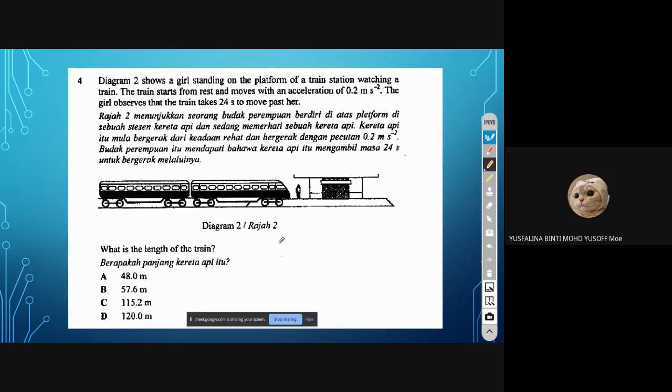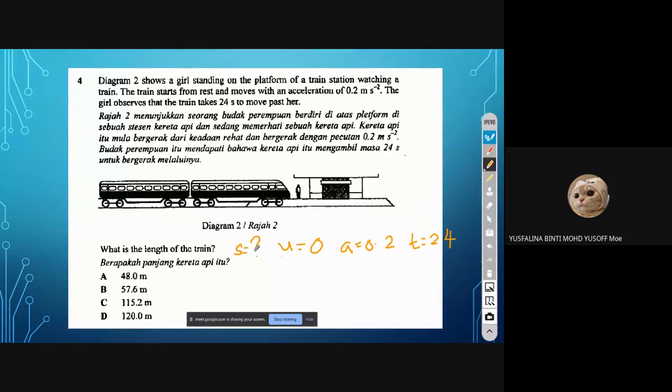The train starts from rest, so U is 0. Acceleration is 0.2. The train takes 24 seconds, so T is 24. And it asks you to find the length, so S you need to find.